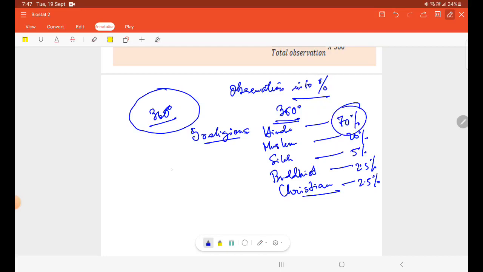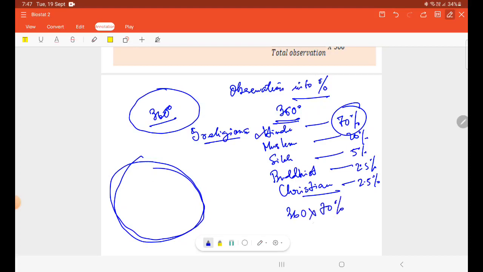So in a pie chart, out of 360-degree, Hindu will be 360 into 70%. This much, say, for Hindu.